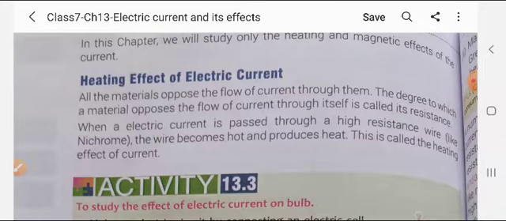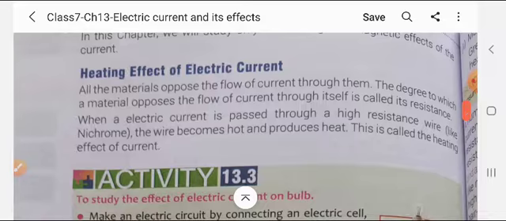That means, as much as the electric current is held there, that much heat will be created in that appliance, which will cause a heating effect. So all materials oppose the flow of current through them.